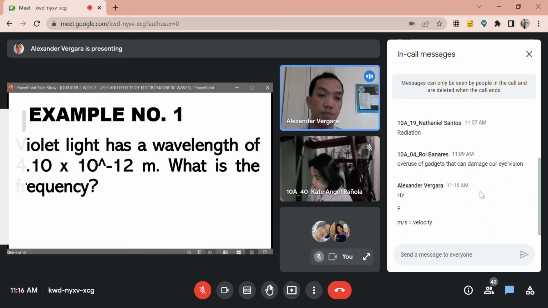So let's try this first example. Violet light has a wavelength of 4.10 times 10 raised to negative 12 meters. What is the frequency? So how do we compute that?